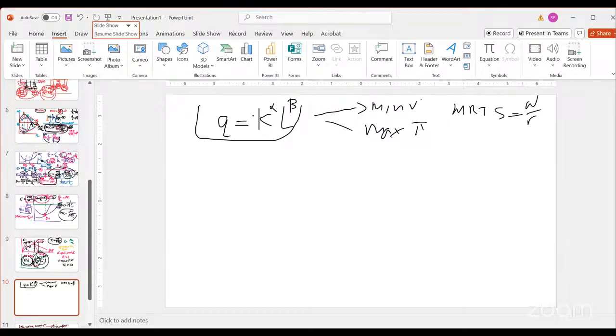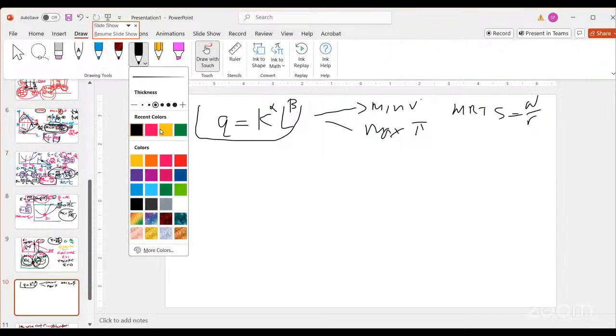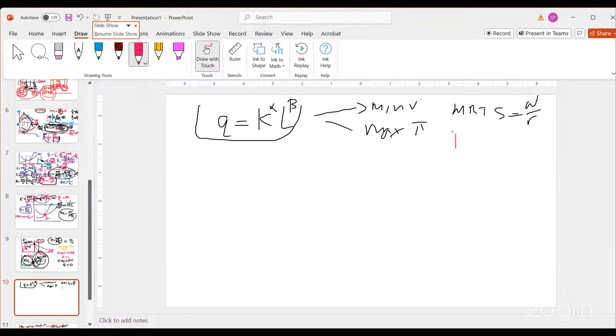So when you practice this example, you may get answers like that. Let's say beta divided by alpha K over L, that is the MRTS, equal to W over R. Just to help you, I give this one. You may get this condition.